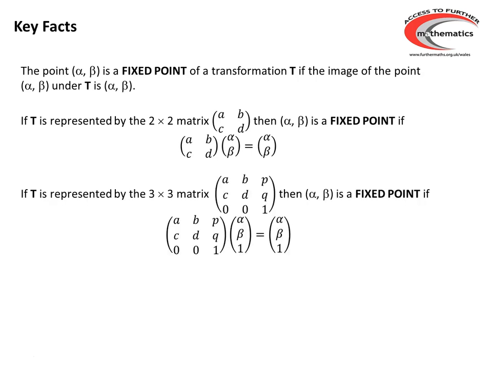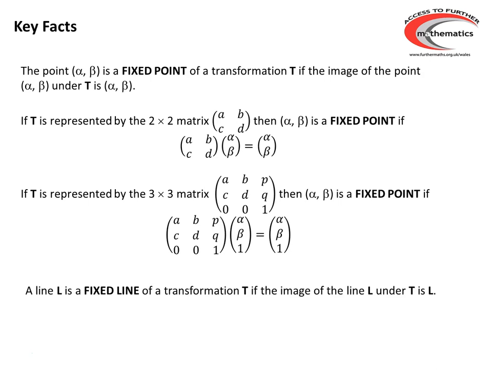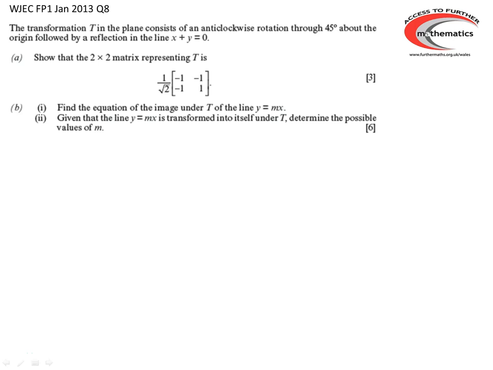And if the transformation is represented by a 3 by 3 matrix, then the matrix times (alpha, beta, 1) must give me (alpha, beta, 1). A line L is a fixed line of a transformation if the image of the line L is itself the line L. So now let's have a look at our first example.